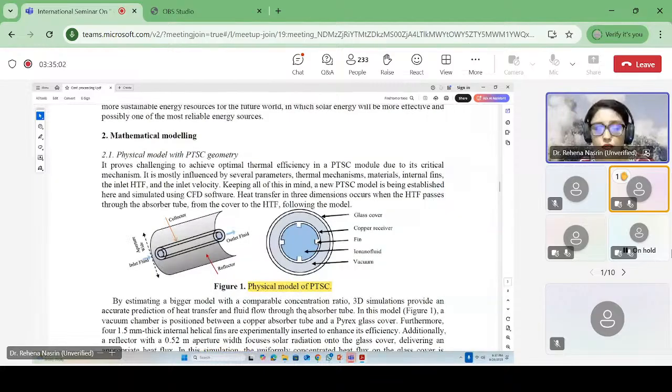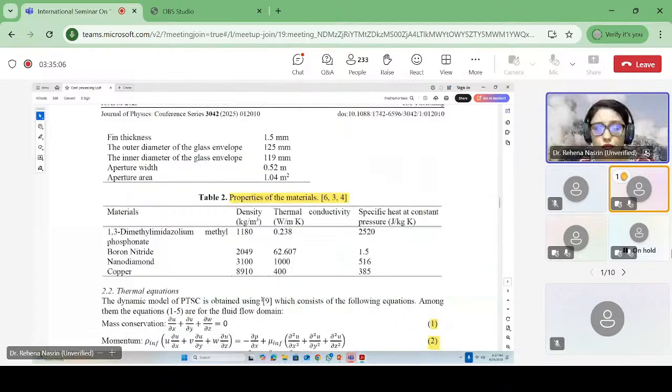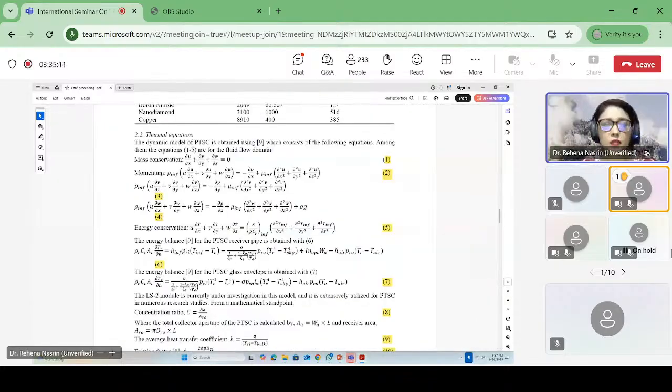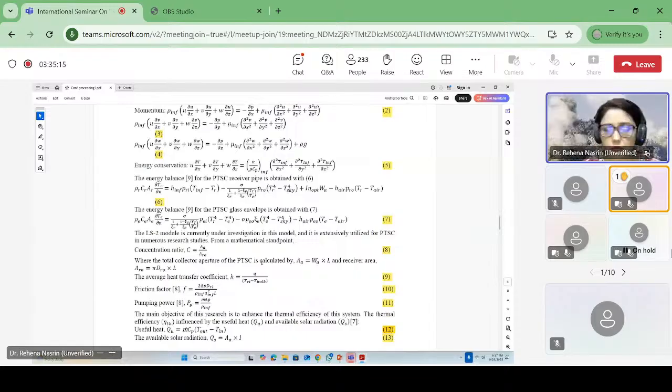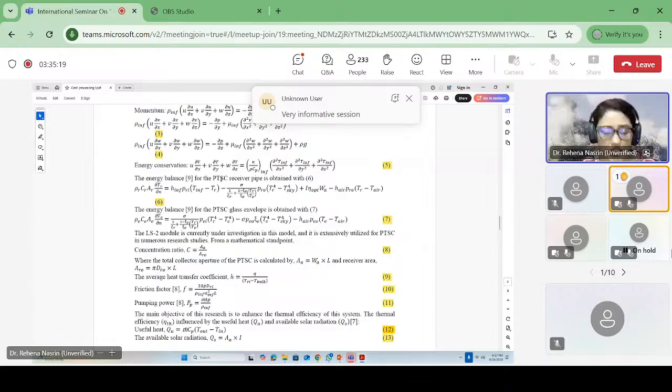We insert 4 fins inside the absorber. And there are many more tables for data analysis, and the energy conservation, momentum conservation, and mass conservation equations, and many more equations for the parabolic solar collector.